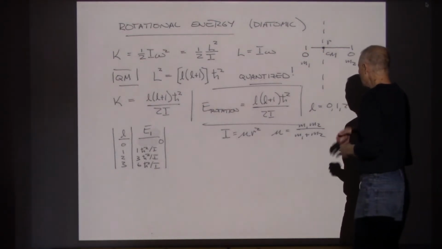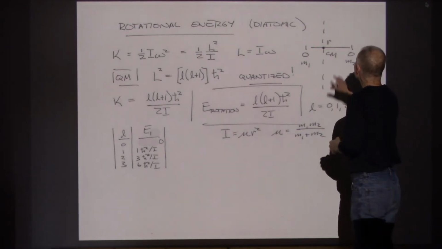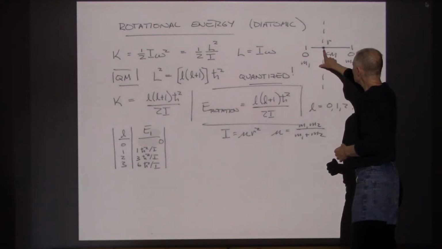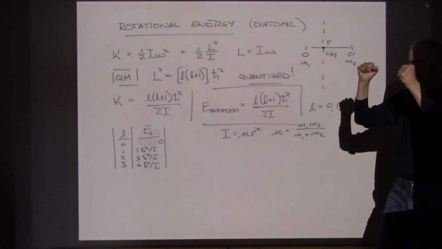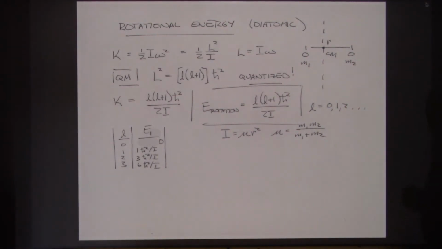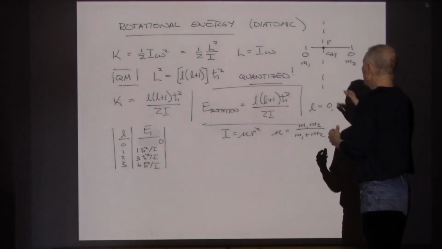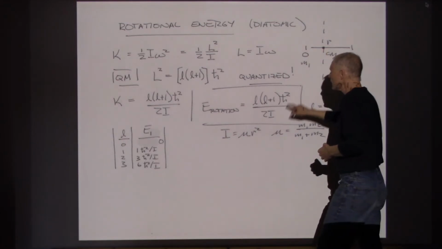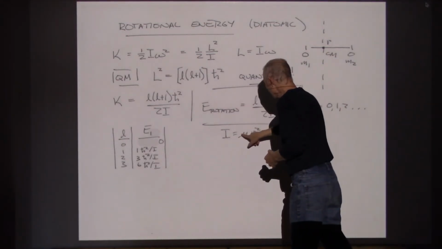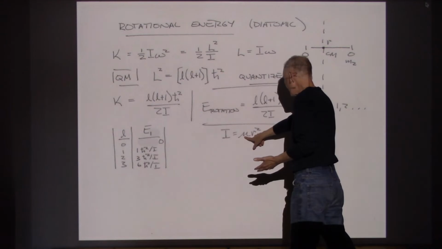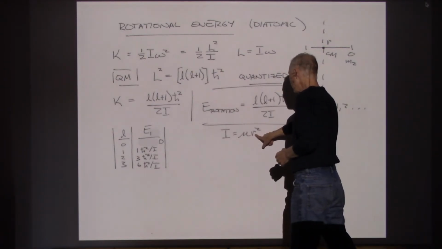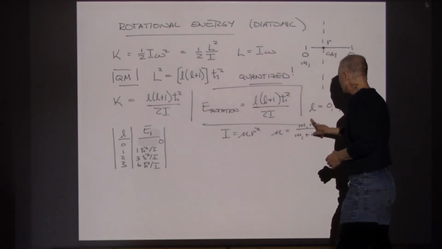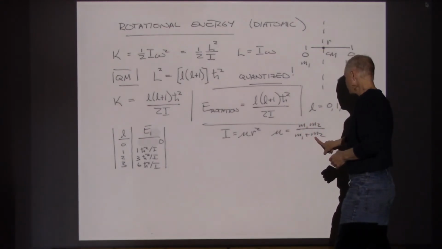And we're not going to look at the derivation of this. I can take this system and show that the rotational inertia of a two-mass system rotating around its center of mass, which does not have to be symmetric, is given by something called the reduced mass times the bond length squared, where the reduced mass is m1 m2 over m1 plus m2.